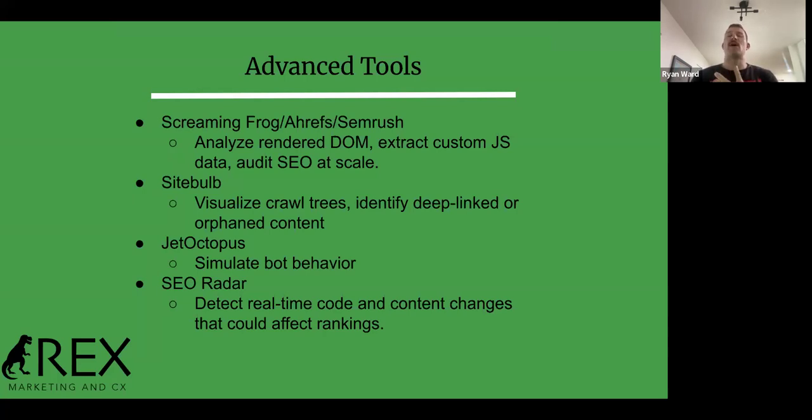Sitebulb is a tool that can help you visualize crawl trees. So understanding, as I mentioned earlier, when it comes to crawl optimization, when pages are being seen in the crawl web. I always like to say with crawlers, think of it as a spider web. Once a crawler comes to your website, they're going to come to the first page. They're going to find other internal links.